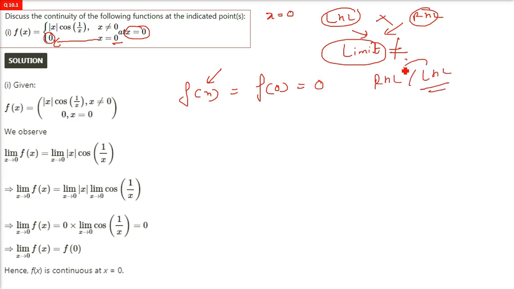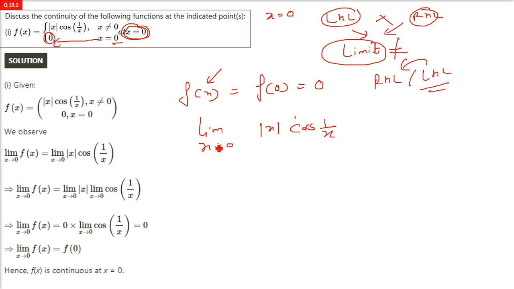But right hand limit and left hand limit are required in certain questions which are coming up. Here, I just said that it will need practice. So let me just find the limit at x equals 0. Since this is x tends to 0, otherwise we would have used h and h tends to 0. Because it is mod x cos 1 by x.